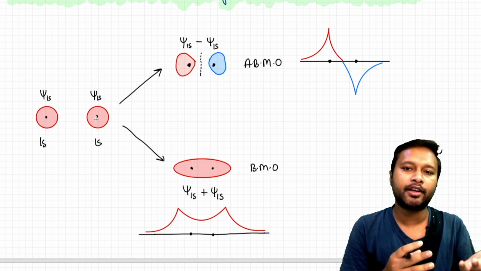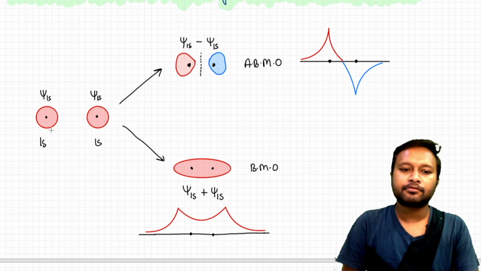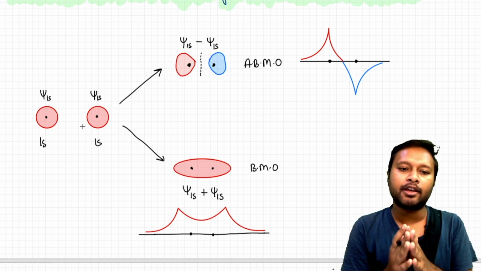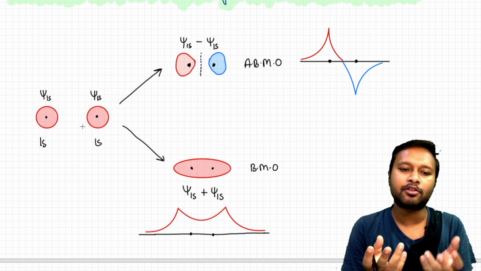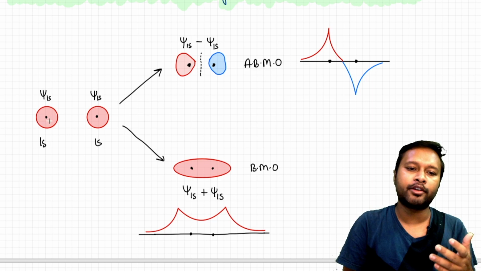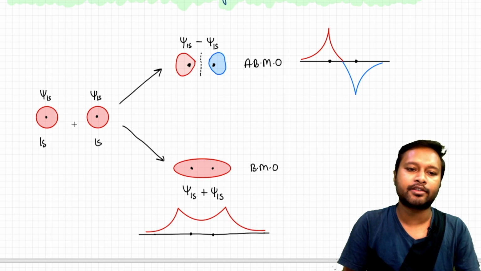Both these s orbitals have a positive electron cloud around them. The blue color is also there, but that is deeply buried inside, so we cannot see it. Overall it looks like a spherical red color, the positive charge surrounding this s orbital.